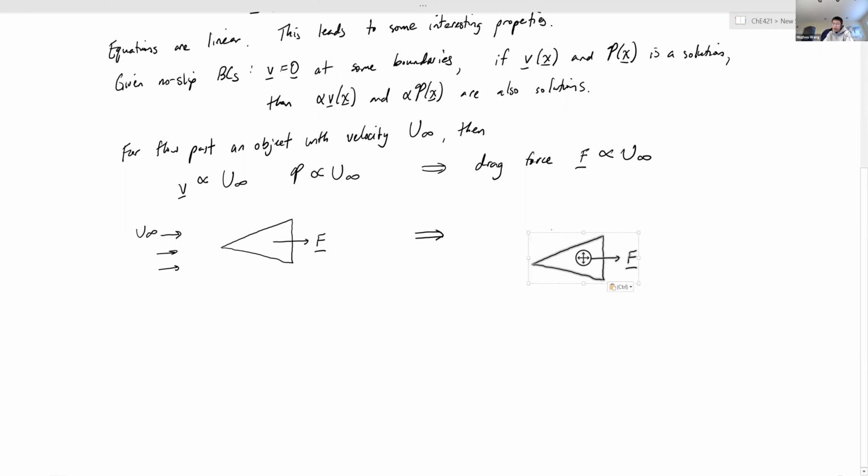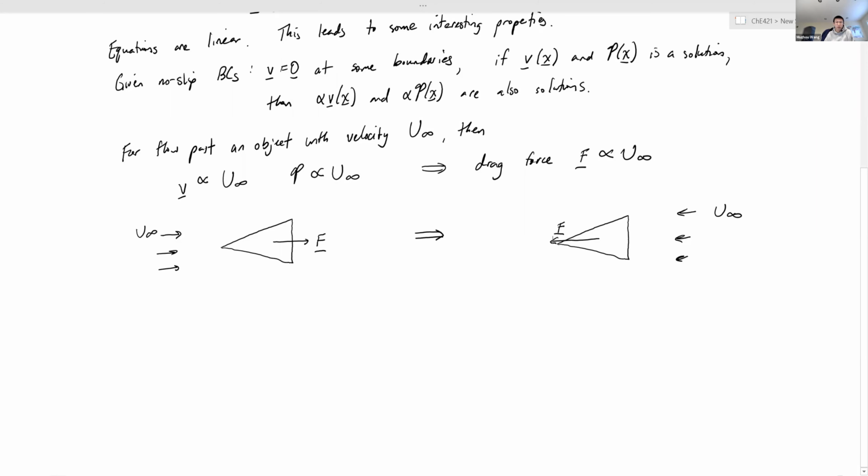Then if I have exactly the same object over here, but now think about the velocity coming in from this side, then the force should now be pointing in that direction, and it should have exactly the same magnitude as this force.